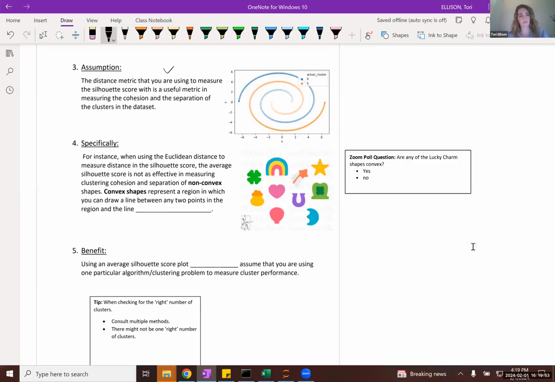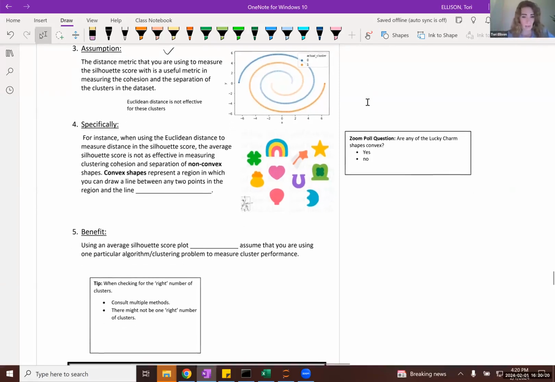So again, one more time, Euclidean distance is not effective for these clusters here. And so what is it about the nature of these clusters that makes the Euclidean distance not very effective for a lot of the algorithms and evaluation metrics that we are using?